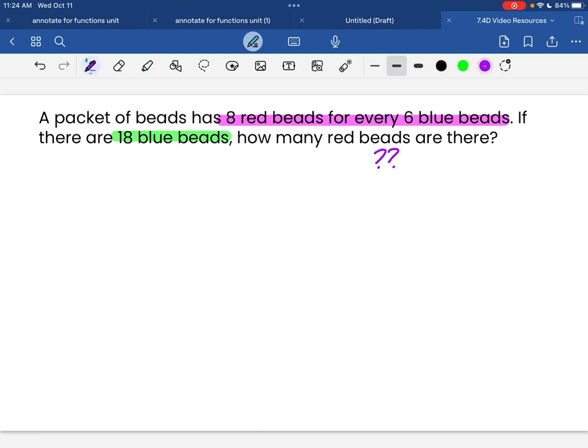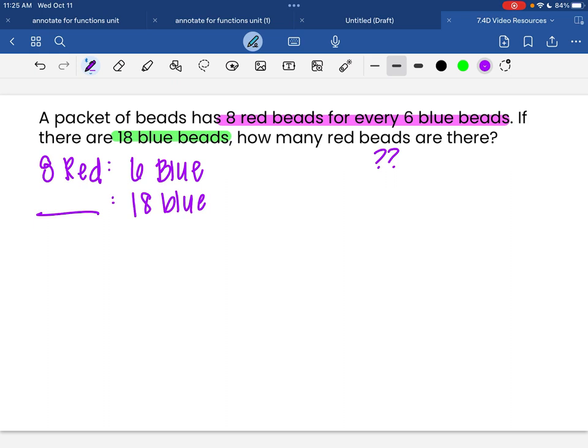That's what I'm trying to figure out. So when I analyze the question and I determine what I know, that there's 8 red for every 6 blue. And then I know that there are 18 blue beads, and I'm trying to figure out how many red.